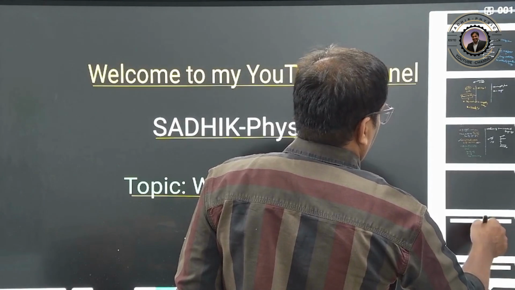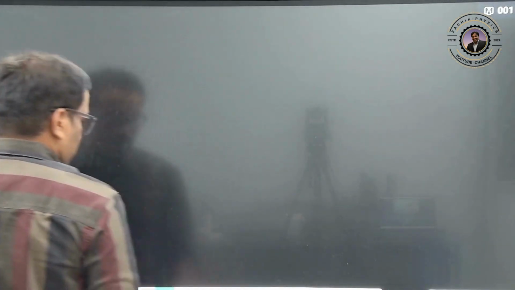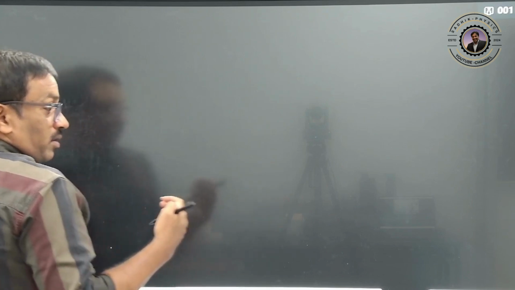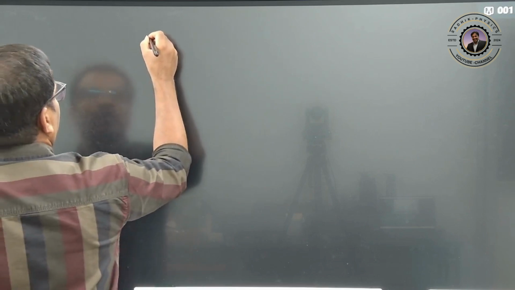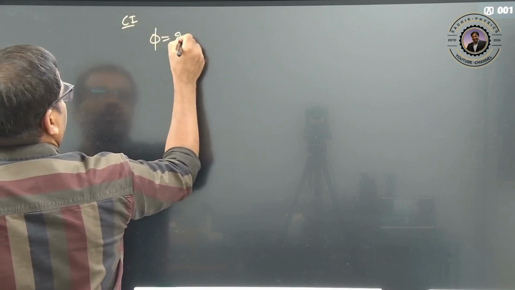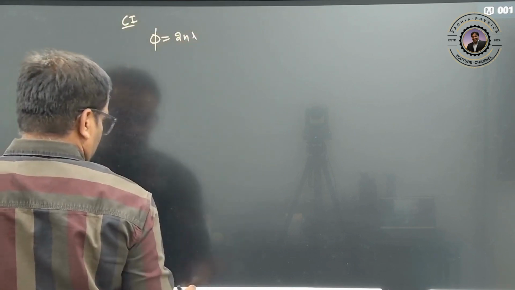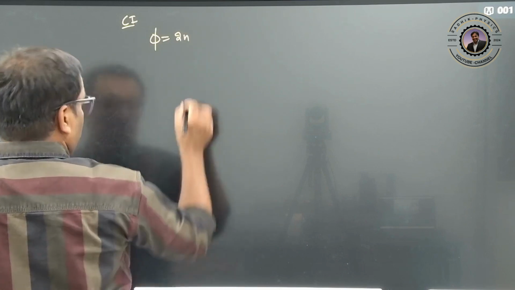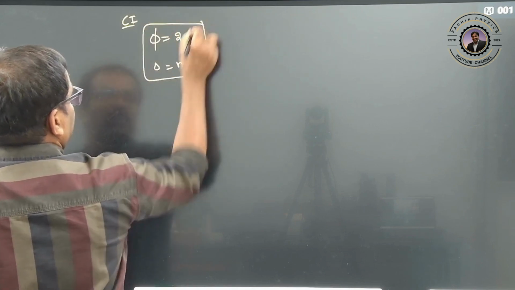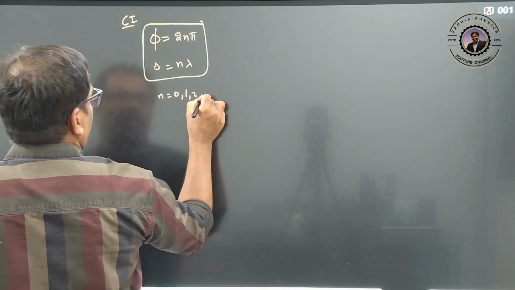We will just recollect the information quickly. Interference means superposition of two coherent waves. For constructive interference, the phase difference is 2n into pi, and the path difference is n lambda, where n starts from 0, 1, 2, 3, and so on.